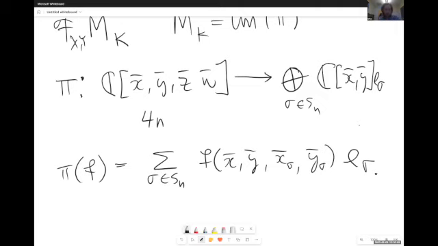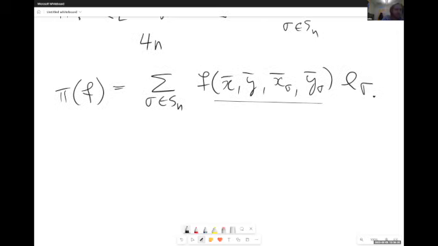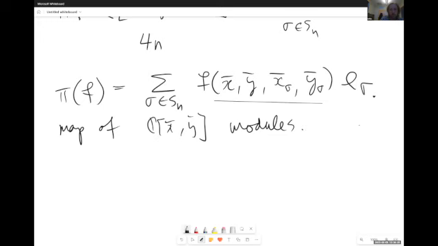Okay. So I have this map. I have the ring in four variables. I have the map of C[x,y] modules, which sends f to the sum over all permutations of this particular coefficient just in the x and y variables. So let's just say map of C[x,y] modules.